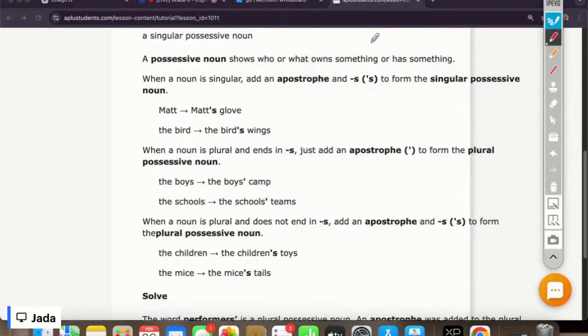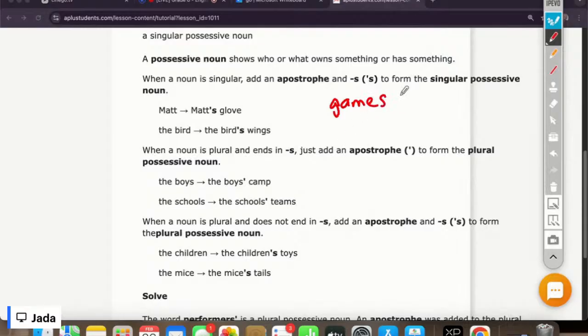Now plural means what? More than one and so many, right? So when a noun is plural and ends in s, just add an apostrophe to form the plural possessive noun. So you know that plural usually ends with s.